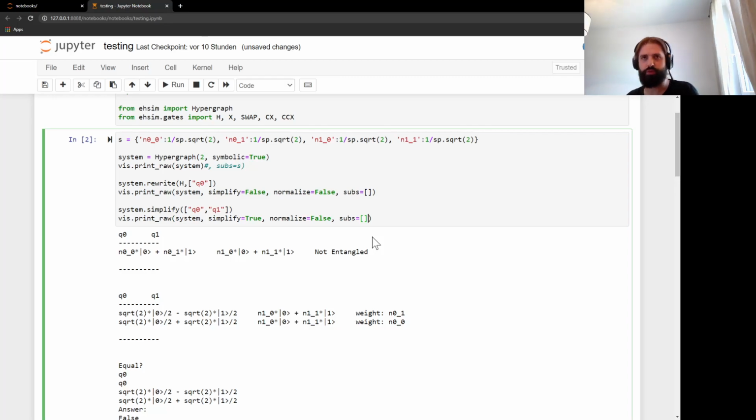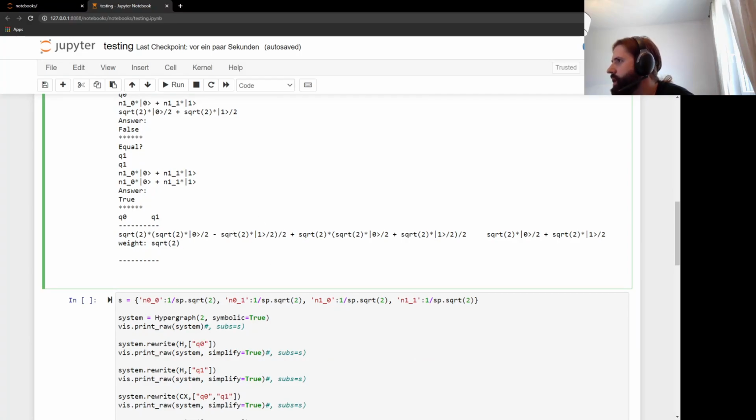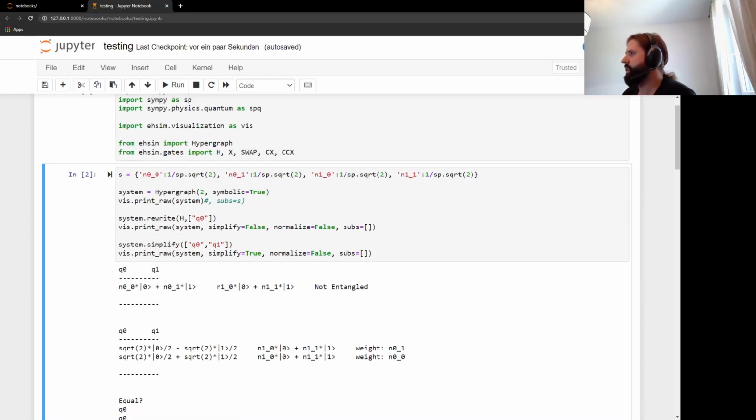Sorry, I was struggling yesterday to test that and I was not understanding why I was losing the actual symbols, and I realized that I had a substitution in here. What this does is it applies a Hadamard gate, or rewrites the hypergraph with the Hadamard rule, and then simplifies.